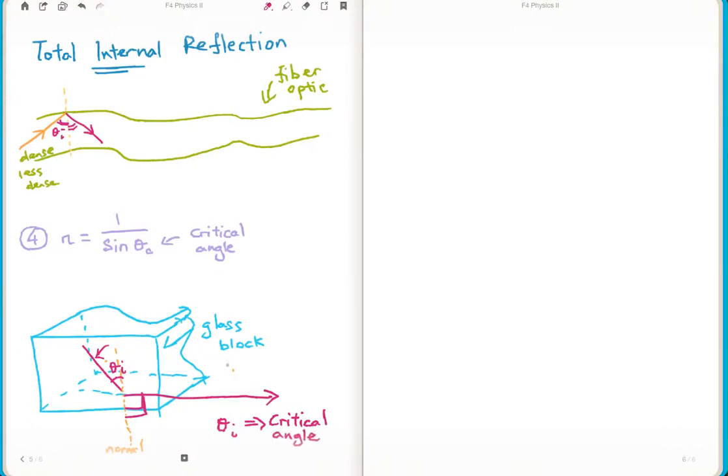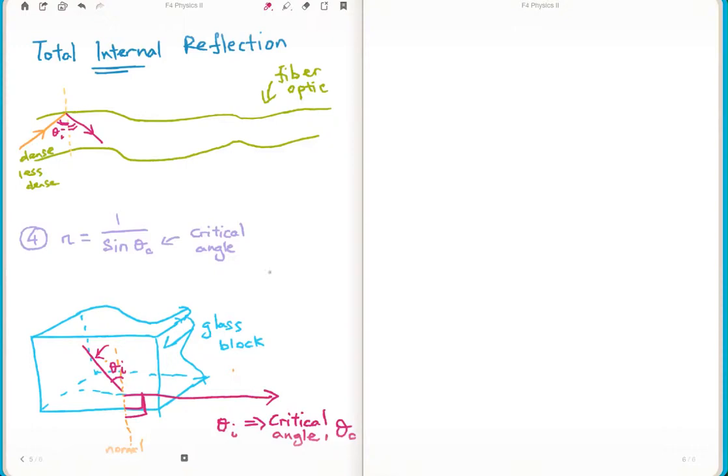This is the time where you have the critical angle, where the light goes from dense to less dense. Please take note, the light ray travels from an optically denser medium to a less dense medium, and the angle of exit is 90 degrees. So this angle is called the critical angle, or C. So how do you get this equation?